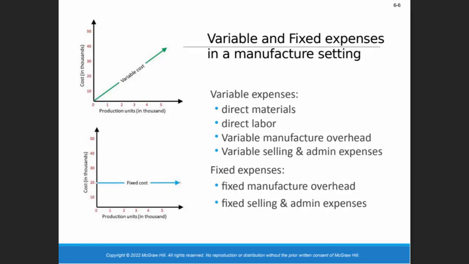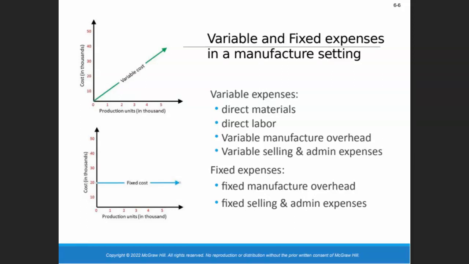And here is a review, also comparing the manufacturer industry with the merchandise industry: what are their variable cost examples and what are their fixed cost examples. As a review before we proceed to the examples used in this chapter, variable expenses in a manufacturer setting typically include your direct material for different products.